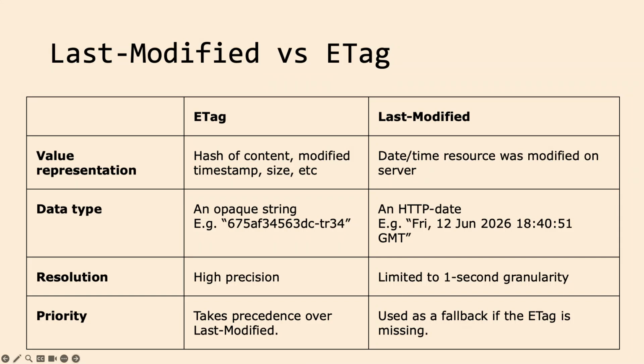But you could hash the content itself, the timestamp, the size, a combination of those three things, and you're going to get your string back, and then that's going to be what gets sent over instead of the if modified since. So I guess that's the preferred way now, and it does take precedence. If they're both present, then it takes precedence over last modified.